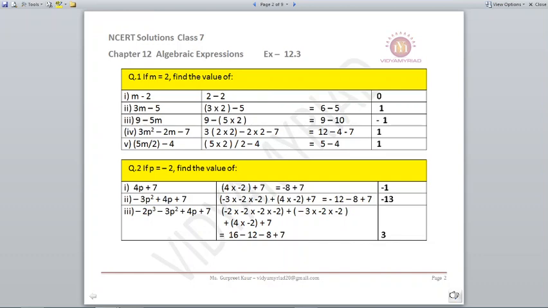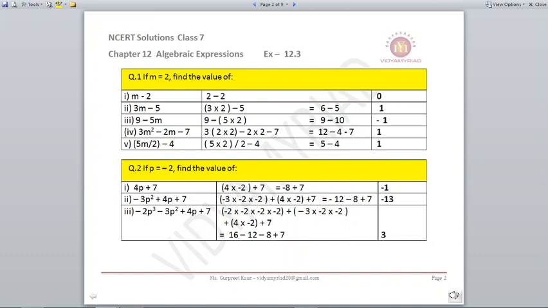Minus 3p square plus 4p plus 7. So minus 3 will remain as it is. Instead of p, I will write minus 2 into minus 2 plus 4 into minus 2 plus 7. So 3 into 2 into 2. 3 2s are 6, 6 2s are 12. So 12 will come, and take care, the sign will be minus when you have odd integers. That is, there are 3 minus signs: 1 minus 3, 1 minus 2 and 1 minus 2.